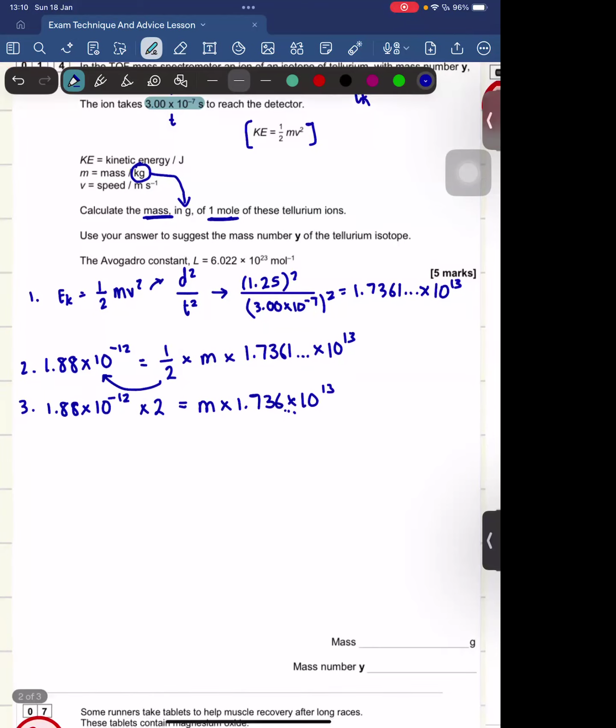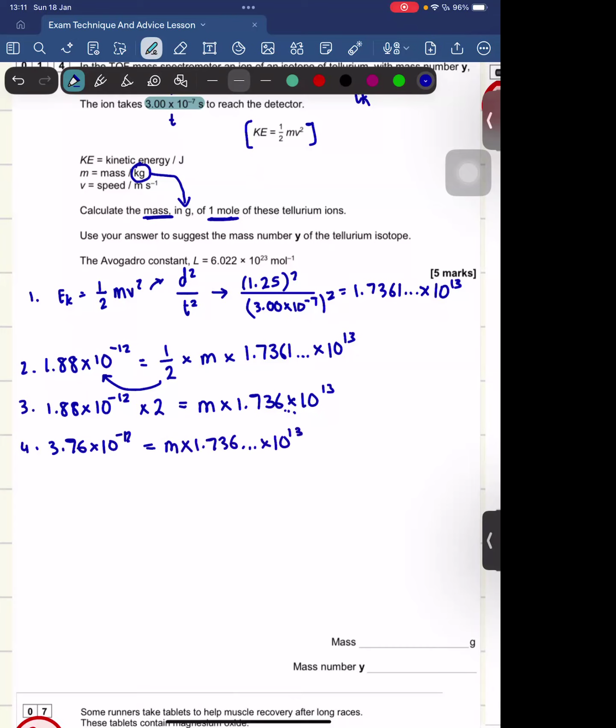And then what you want to do is obviously times these two together, which would give you 3.76 times 10 to the minus 12 on this side. And that is equal to m times 1.736 dot dot dot times 10 to the 13.